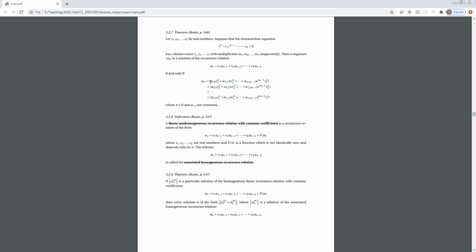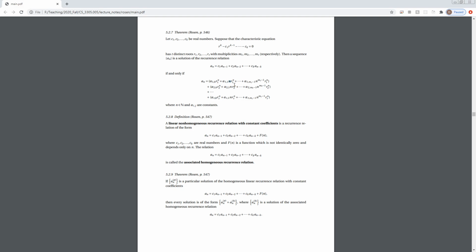So if you have a degree 10 polynomial, and you have 5 distinct roots, each with a multiplicity of 2, then you would have 5 roots, R1, R2, and so forth up to R5, each with their own constant coefficient, and then each with a paired term where you multiply by n.